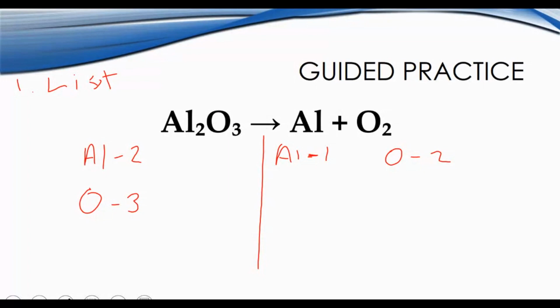Now, the law of conservation of mass tells us that these 2, reactant and product, should be equal to each other. So if I start with 2 aluminums, I should have 2 aluminums at the end. And I don't, right, in my example. So what I'm going to do is multiply my entire compound by a coefficient.